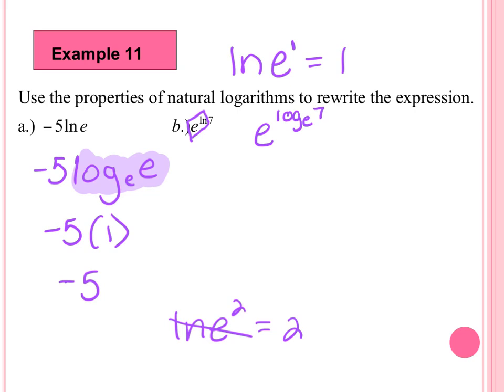What's that answer? 7. Okay, so again, ln is the same thing as log base e, so all these same rules apply as before. If it's e to the ln or if it's ln of e, they cancel and you leave what's left.